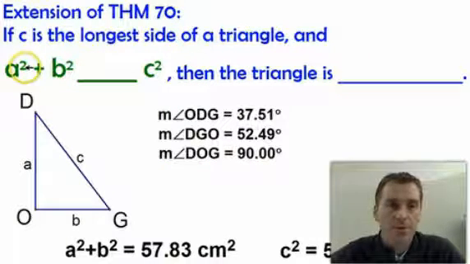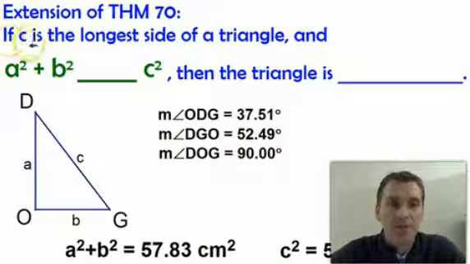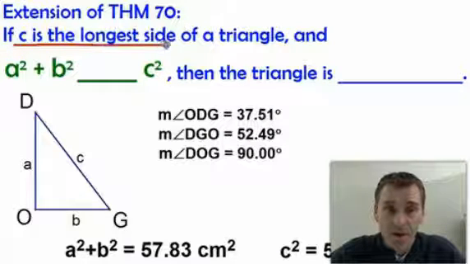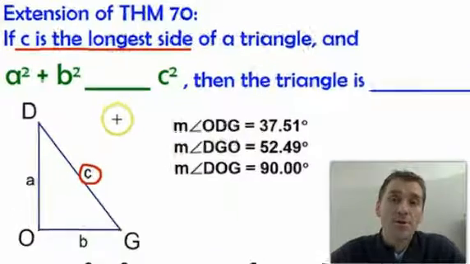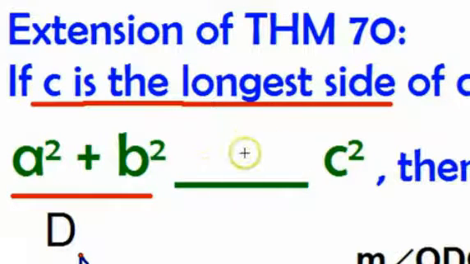What I would do is write this in your notes, and you're going to have three scenarios. This is scenario A. It says if C, this is important, if C is the longest side of the triangle. Now, it can be anything, but in this picture, we're saying C is the longest side. So if it is, and we have the sum of A squared and B squared, something's going to happen with the relationship between that sum and just the longest side squared.